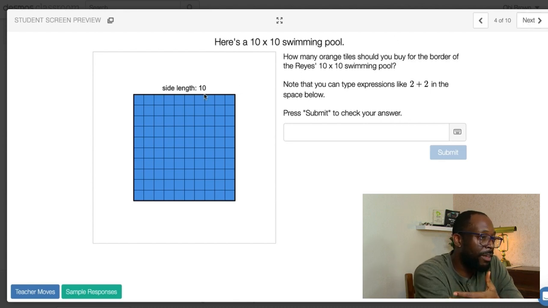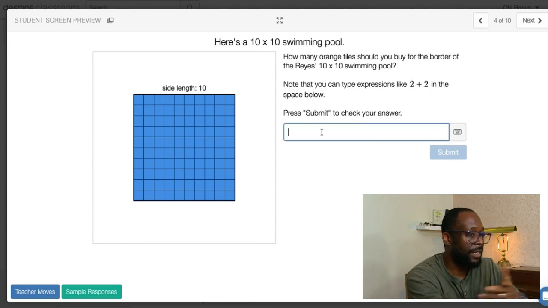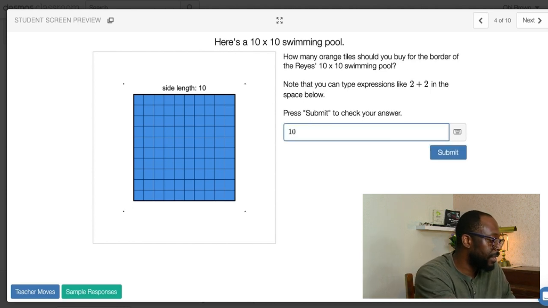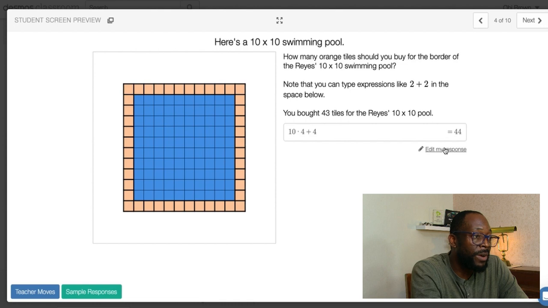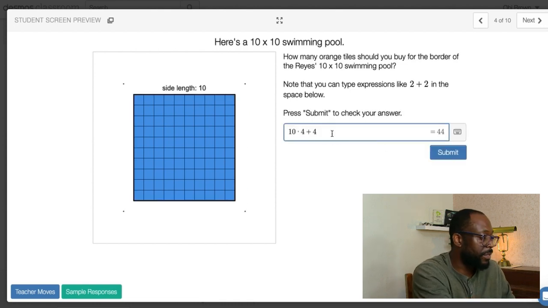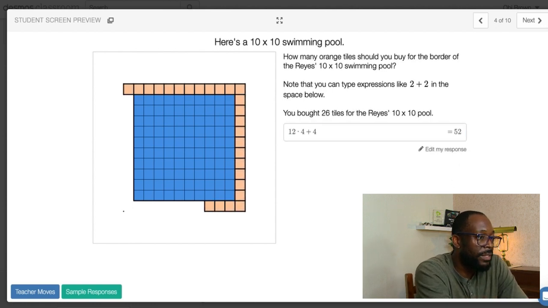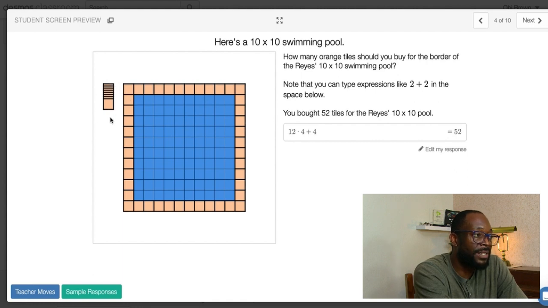Here, we're given a pool of side length 10, and we see that it generally goes through the same solution, but in this case, we have a small animation to show if they are right or wrong. If, for instance, we missed it by saying 12, then we will see that the solution shows that they are wrong because it adds in a number of tiles that are not meant to be there.